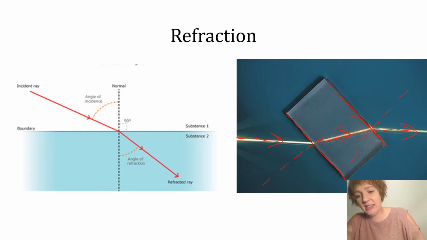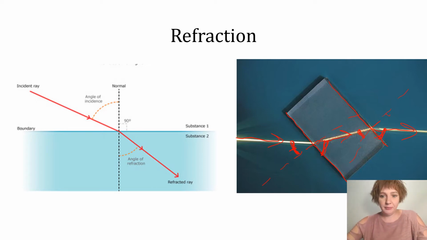So the angle of incidence is the angle that this ray makes with the normal. So this here is the angle of incidence, and this would be the angle of refraction, and then this would be the second angle of incidence, and this would be the second angle of refraction.